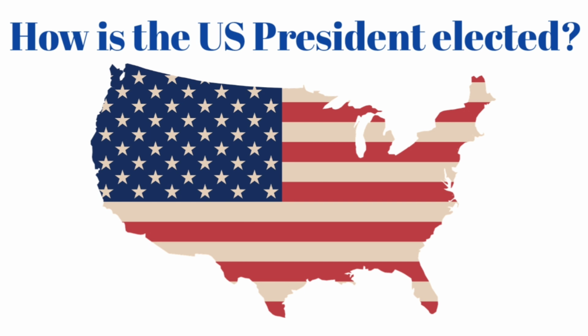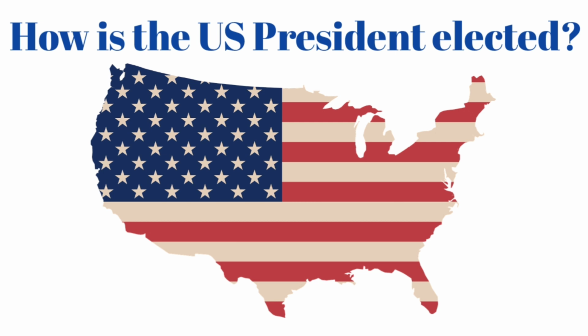This system, as outlined in Article 2 of the Constitution, allocates electors to each state based on their congressional representation, combining the number of senators and representatives. Over time, the franchise expanded from its initial limitations to encompass all adult citizens through amendments and legislation, reflecting the nation's commitment to inclusive democracy.